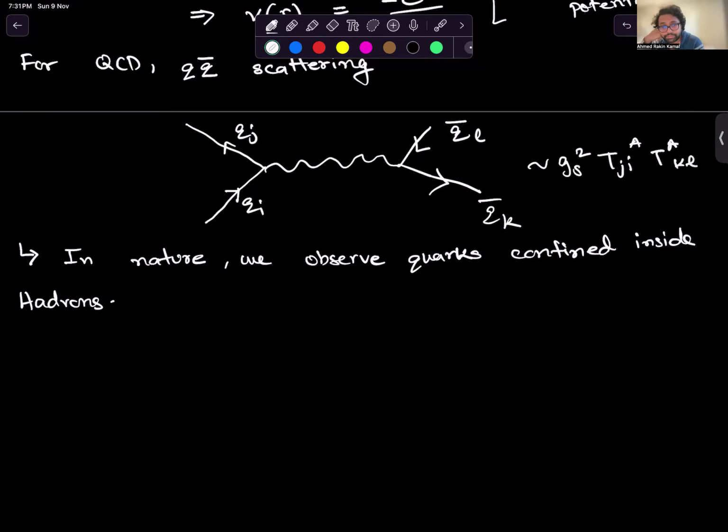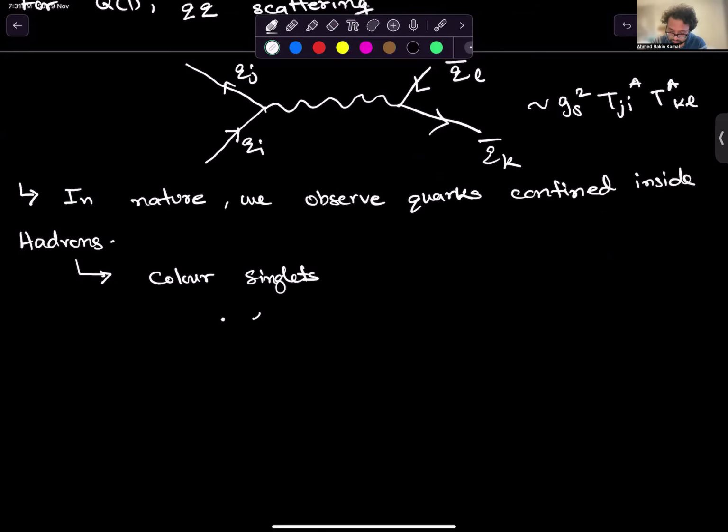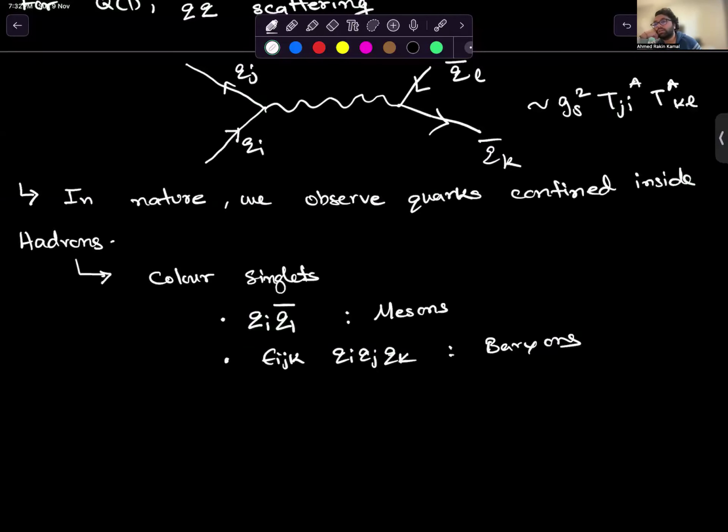And the hadrons we see are actually color singlets. For example, mesons are also color singlets. Baryons, for example, a combination of, say, neutrons and protons.